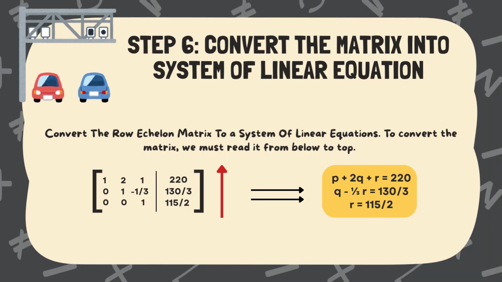After that, we need to convert the values from the augmented matrix into a system of linear equations. We will read the matrix from bottom to top. R is equal to 115/2, Q minus 1/3 R equals 130/3, P plus 2Q plus R equals 220.